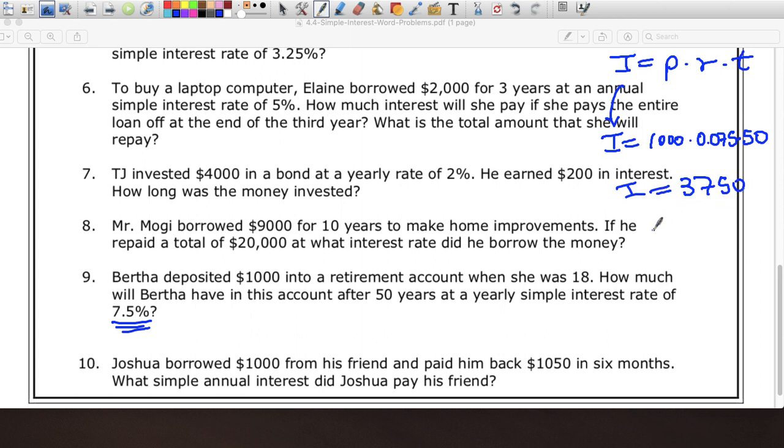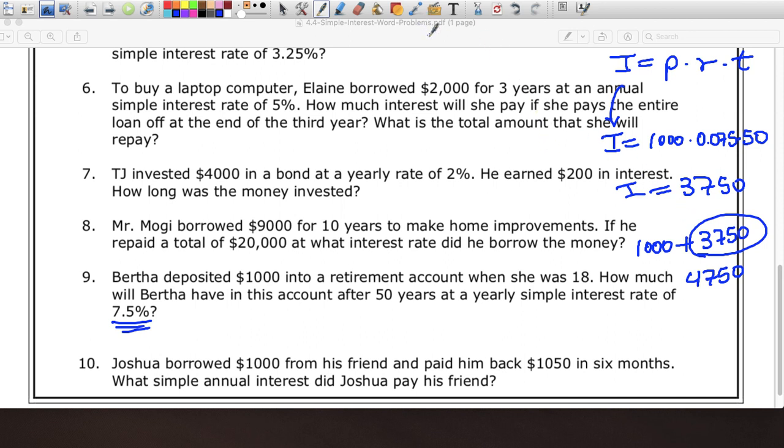So when Bertha comes to the bank 50 years later, she's going to take her $1,000 that she deposited 50 years ago, plus an extra 3,750. So she would take home 4,750, but she didn't make 4,750. The 3,750 is the amount that she earned for leaving the $1,000 in the bank for 50 years.